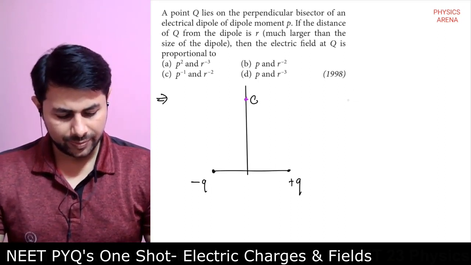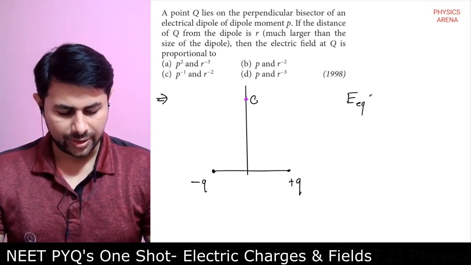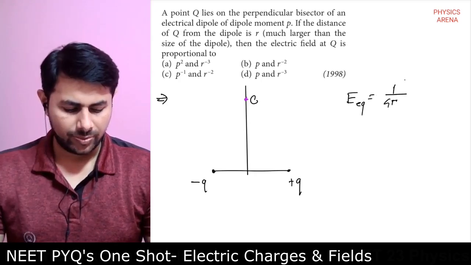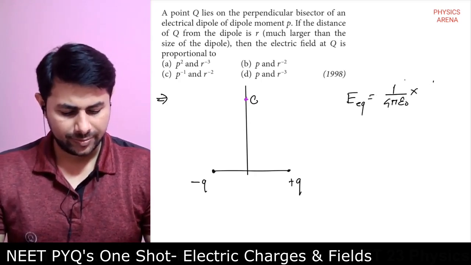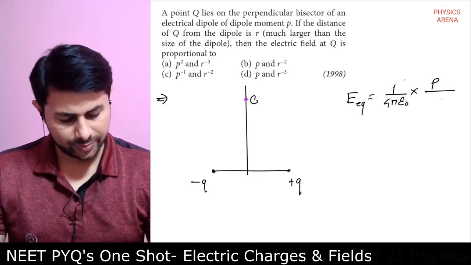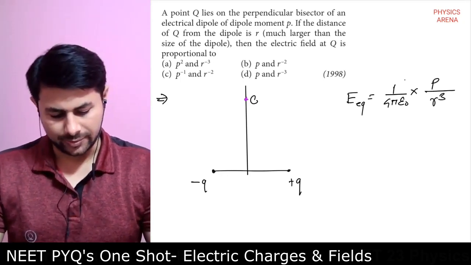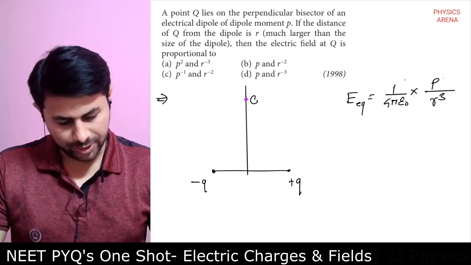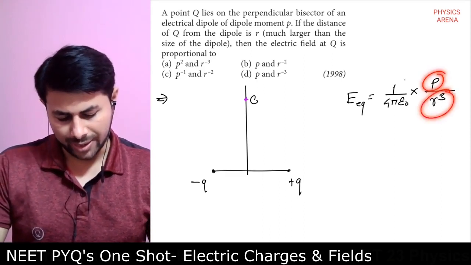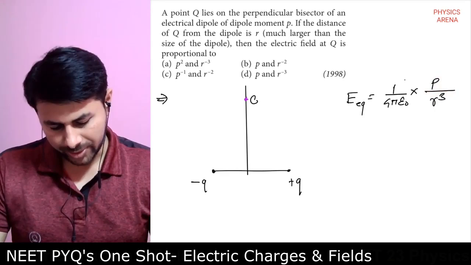E equator is 1 upon 4 pi epsilon naught multiplied by P upon r cube, or x cube, you can say. So it is directly proportional to P, inversely proportional to r cube. So it is option D.